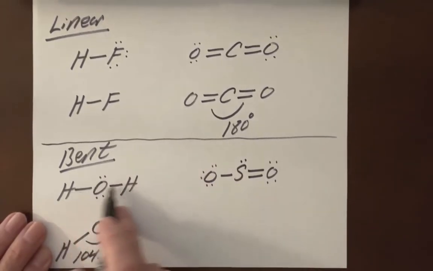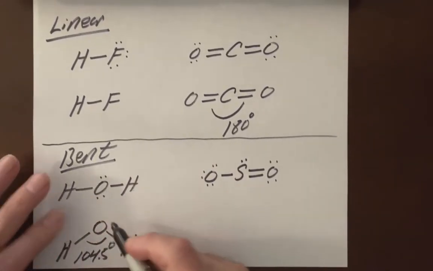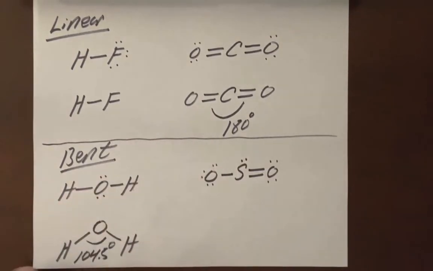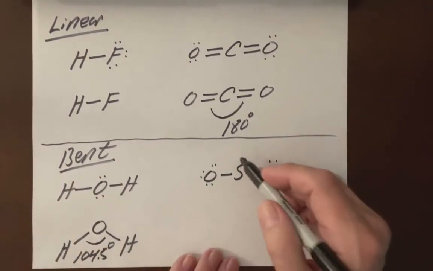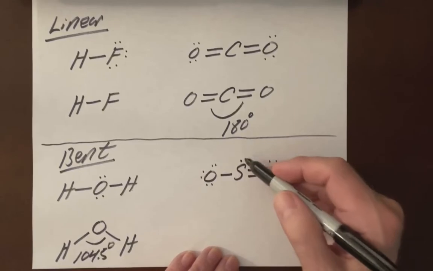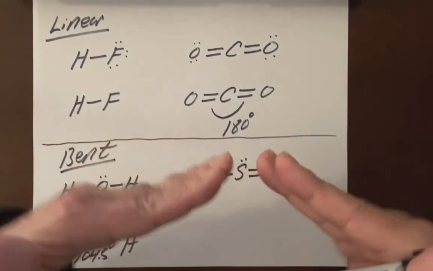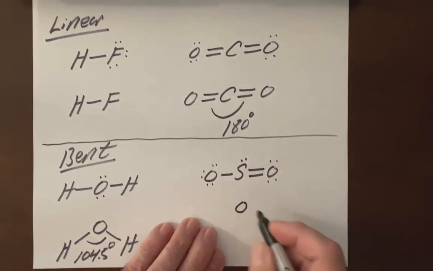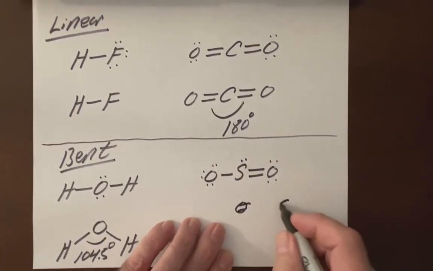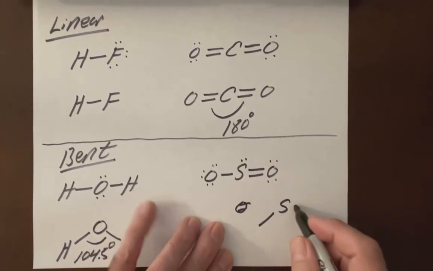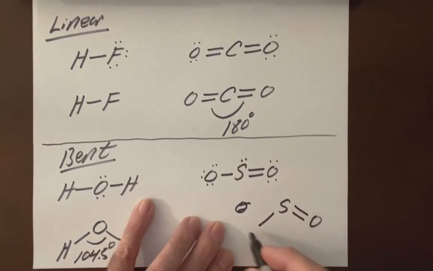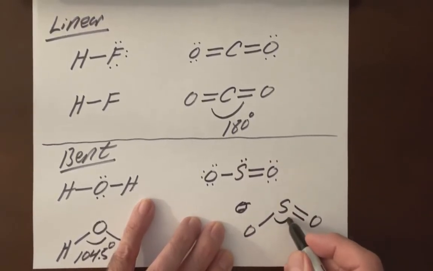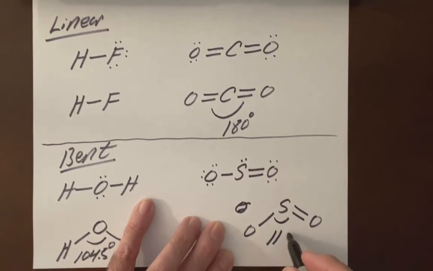So the 2 lone pairs had to go from 180 degrees down to 104.5. But here, you don't have as much repulsive force with just 1 lone pair, so it's not going to repel them down as much. So the bond angle here is going to be 119 degrees.